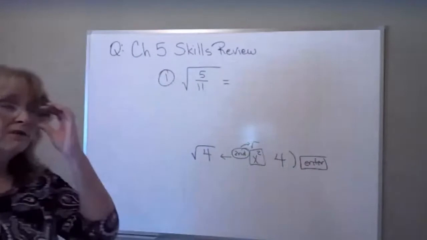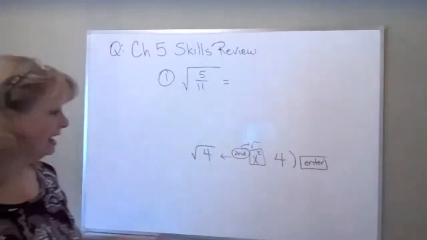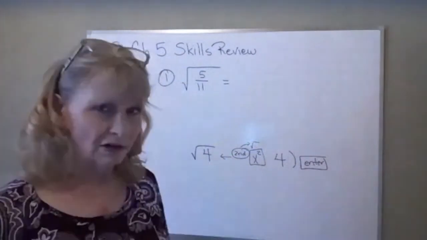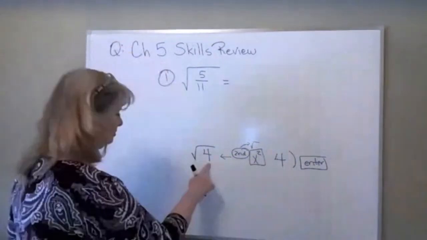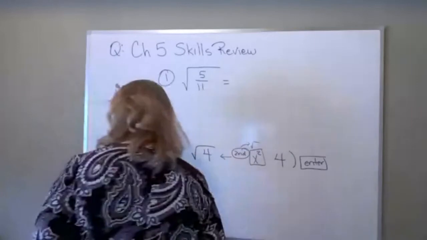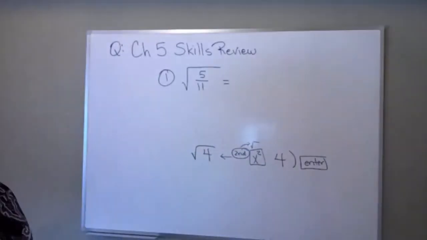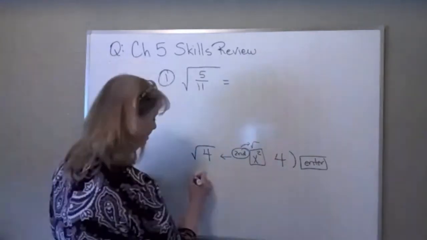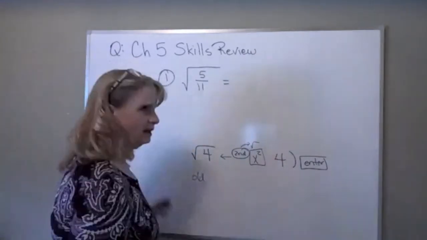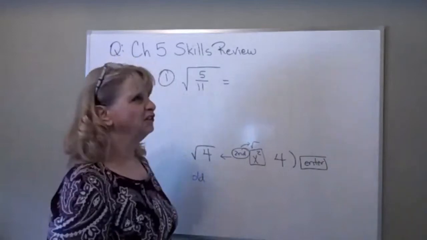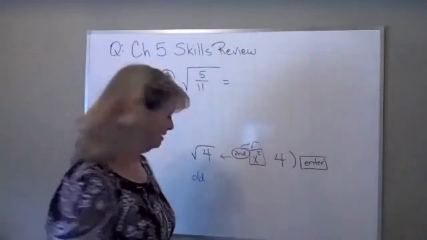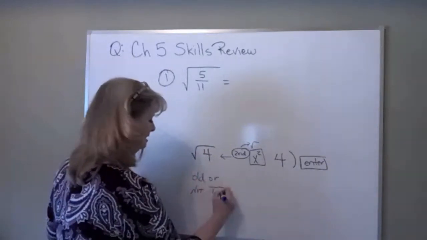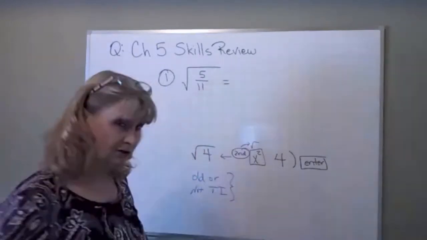Now, if you don't have a TI calculator, and if you're not able to do square roots like this, some people, and this is the way it used to be in the old calculators, you'd have to put the 4 in first. So an alternate way is, some Casios work this way.